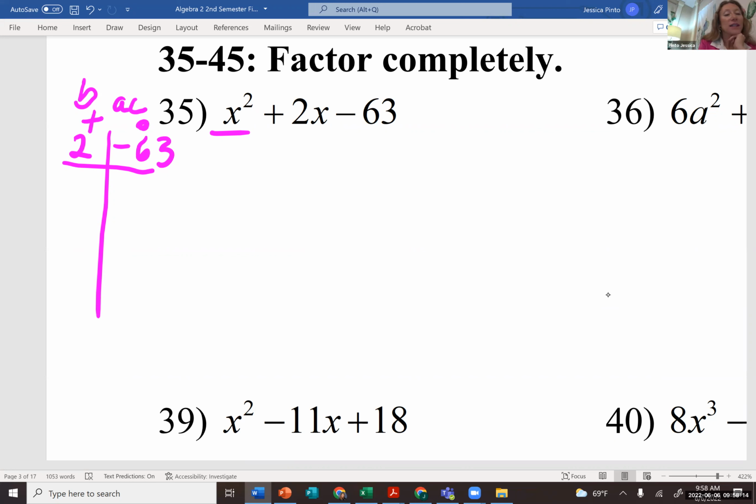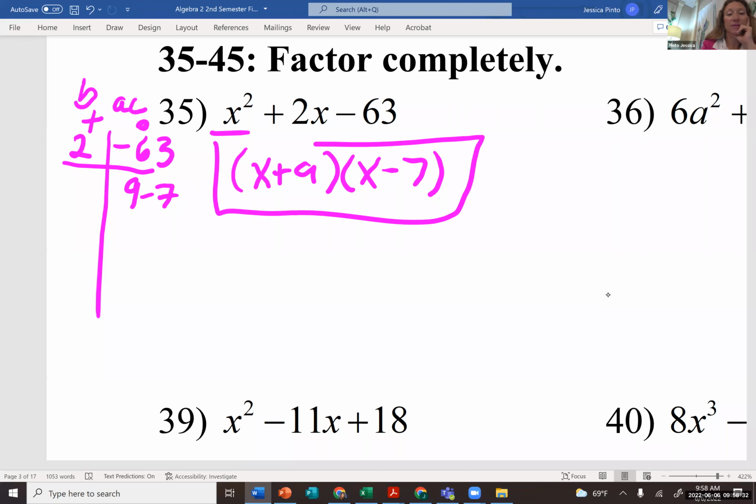When I think of 63, I think of 9 and 7. And so for this to add to 2, it needs to be a positive 2. I want the 9 to be positive and the 7 to be negative. So this simplifies to x plus 9 and x minus 7. Final answer. So fast factoring is our favorite.